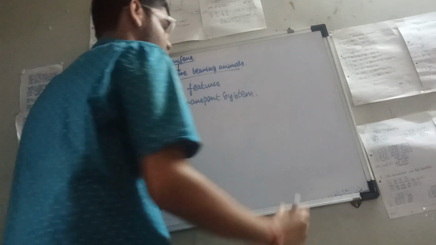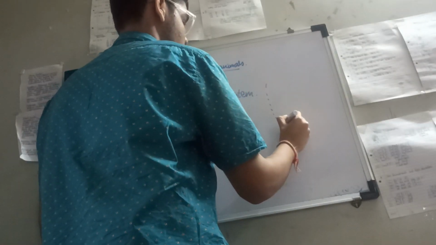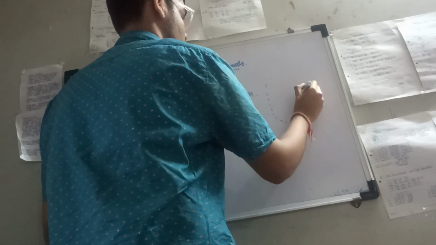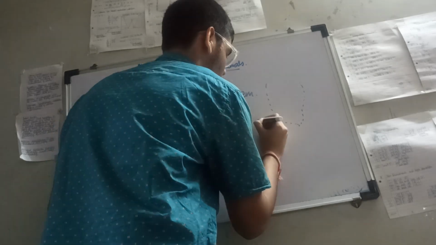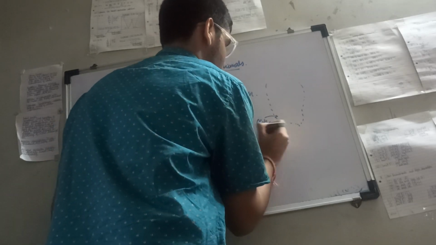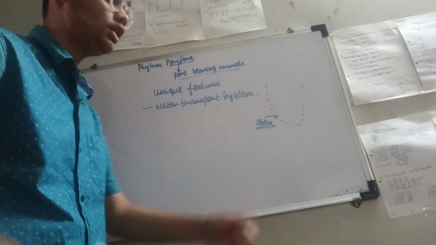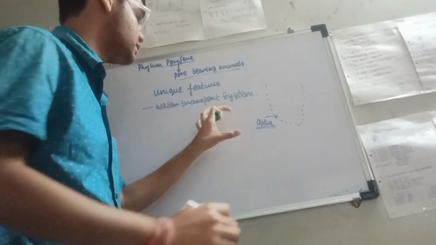Let's see. So see this diagram very carefully. These are small pores which are called ostia, from where the water enters.